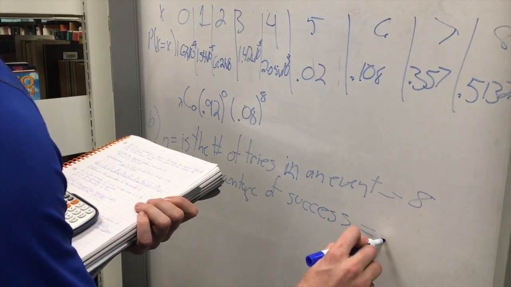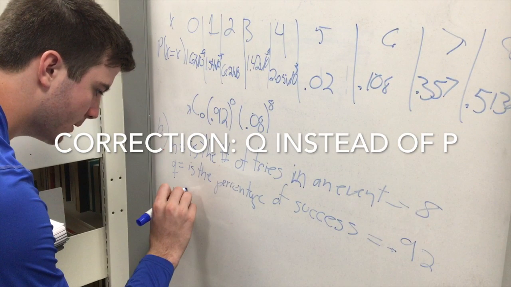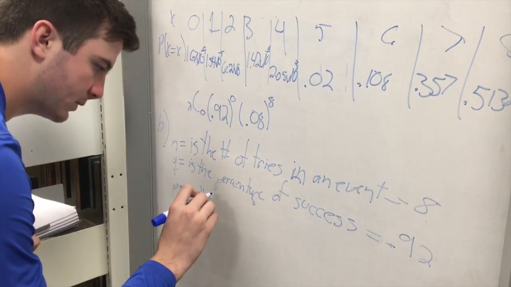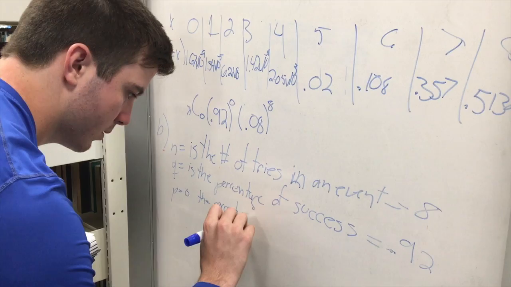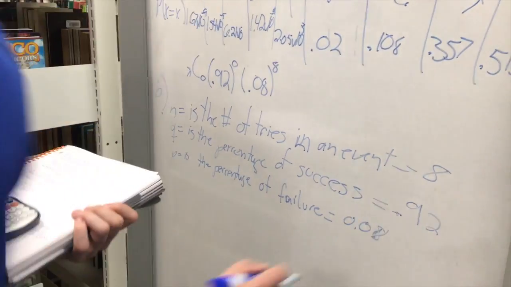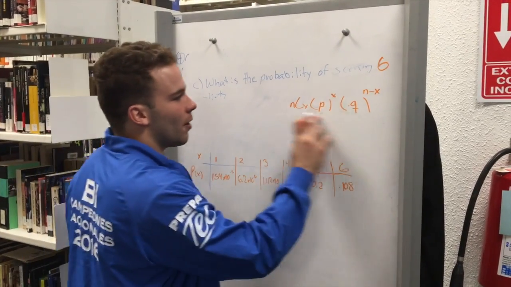In this case it is 0.92. Q is the percentage of failure, 0.08.